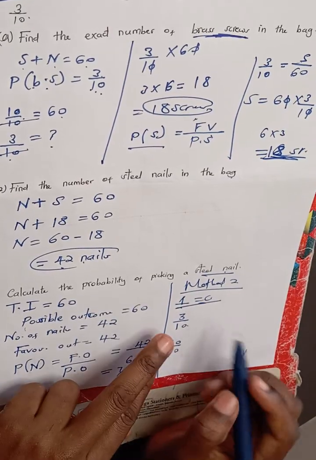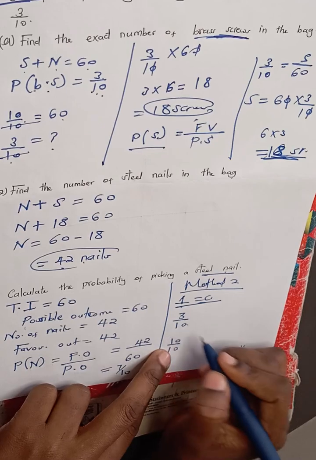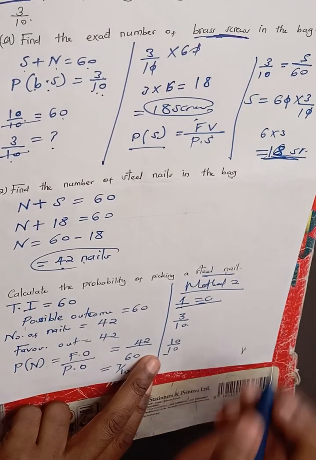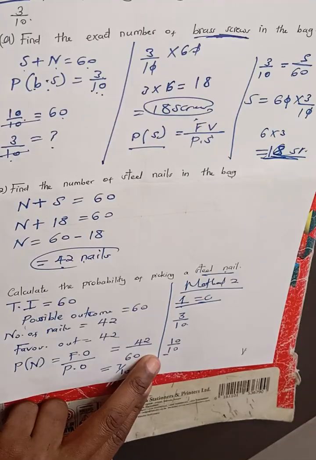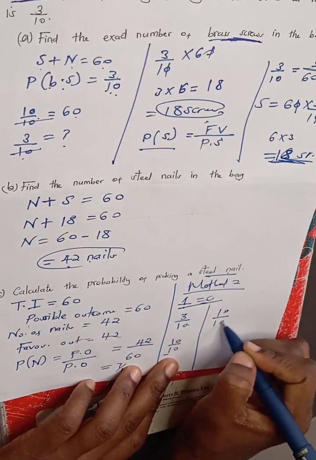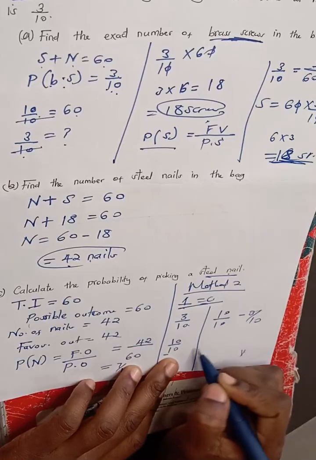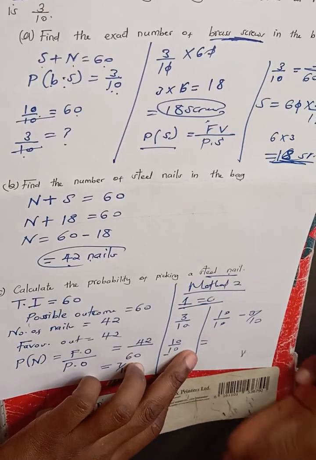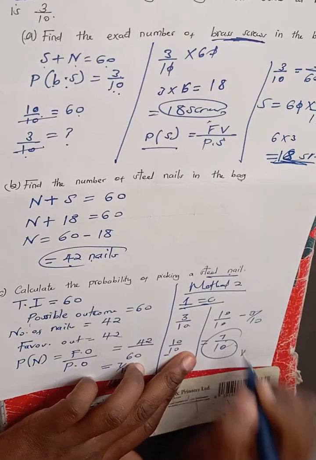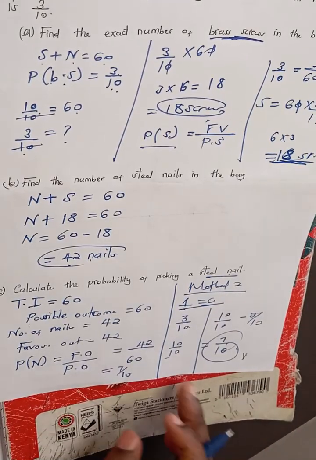Now since the probability of picking screws is 3/10, and we have two different items, screws and nails, what is the probability of picking nails? It is the remaining. It will be 10/10 minus 3/10, which is 1 minus 3/10, and it's going to be 7/10. Either method works, so you choose for yourself.